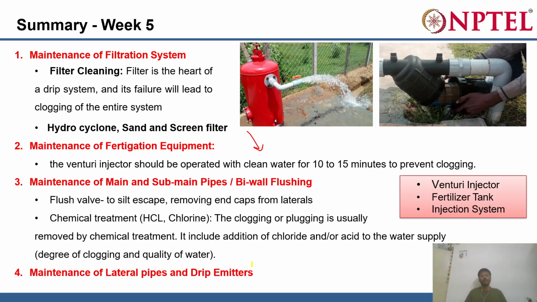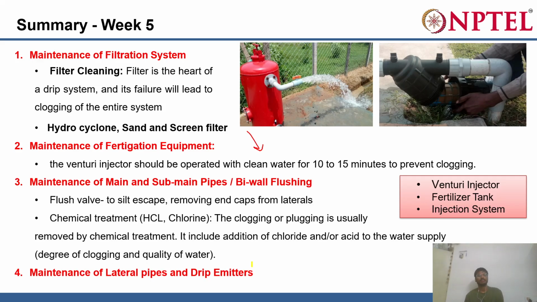That's why it is very important to maintain it frequently or regularly by following mandatory guidelines. Then you also need to maintain the fertigation system, as the Venturi injector should be operated with clean water for 10 to 15 minutes to prevent clogging.